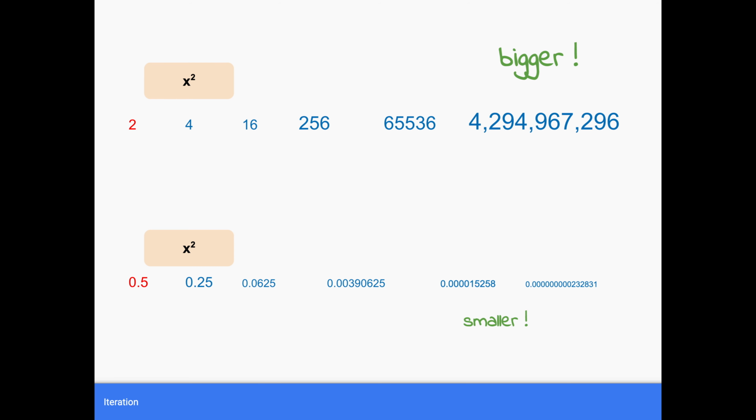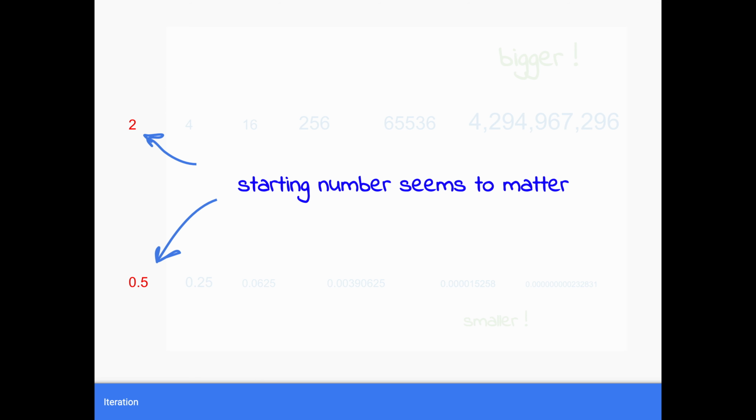The machine is the same, but the starting number decides whether the sequence gets bigger or smaller. Starting with 2, we end up with a sequence that grows, and starting with half, a sequence that gets smaller and smaller. So there's something about the starting number that's important.